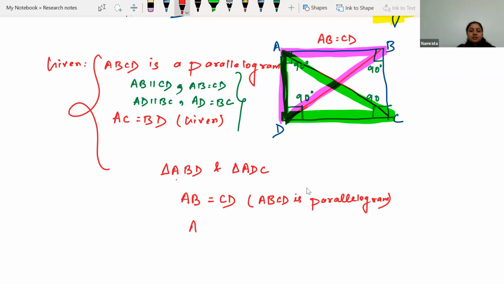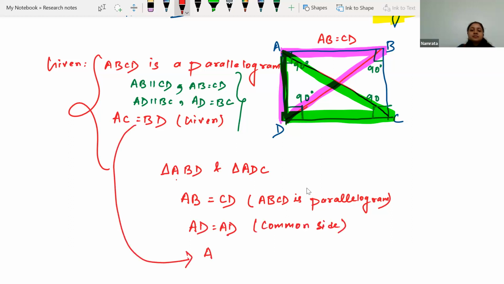Yes, it's a common side. And one more piece of information was given in the question: AC. We have written triangle ABD at first. That means side BD. BD is equal to AC. Is it okay? Given already. Both the diagonals are of the same length. Clear?